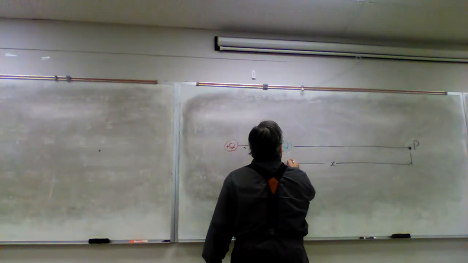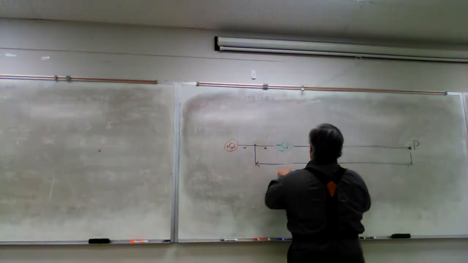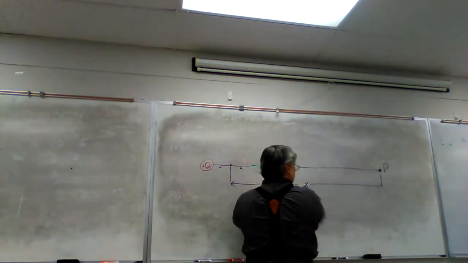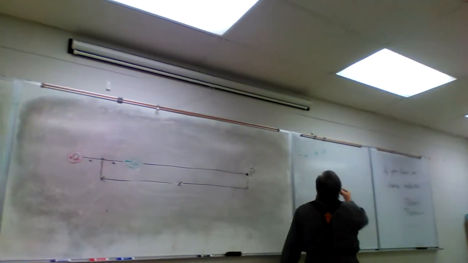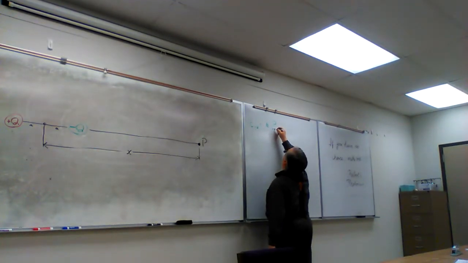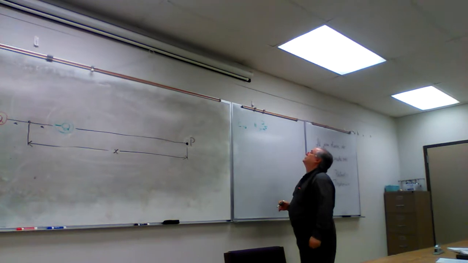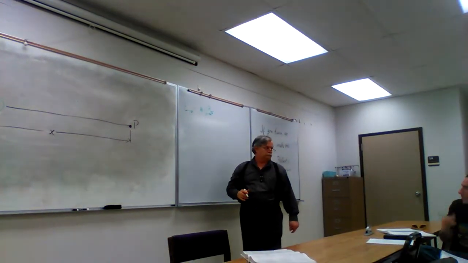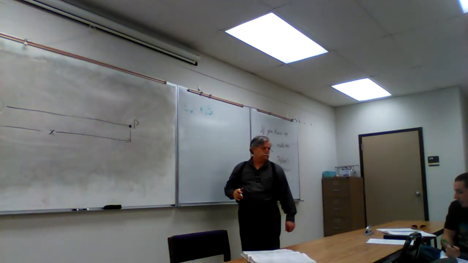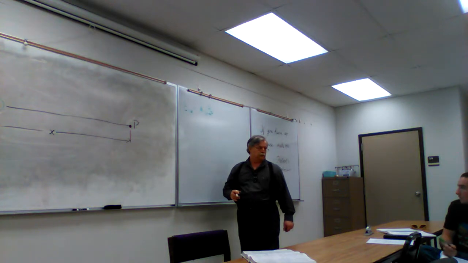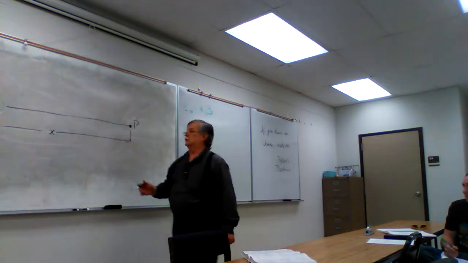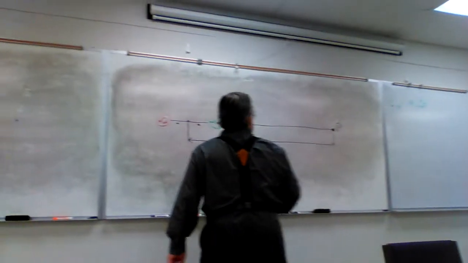This distance from here to here is the distance x minus a. So it's going to be x minus a squared. Okay? Well, yeah, for the other one it would be x plus a.